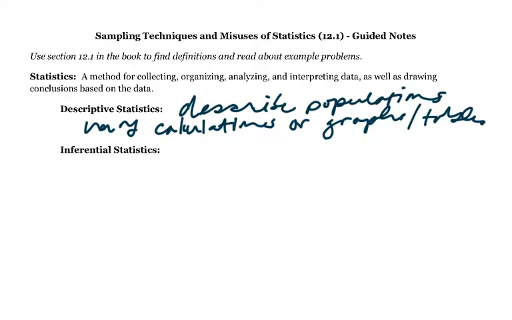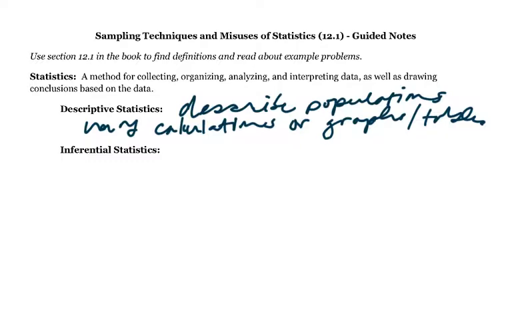And then the descriptive statistics would be things that might show the mean, the median, the mode, the range, perhaps the standard deviation, things like that. This would show and describe what happened within our population of students on that first homework assignment. Standard deviation is typically used in inferential statistics, but we can get into that.